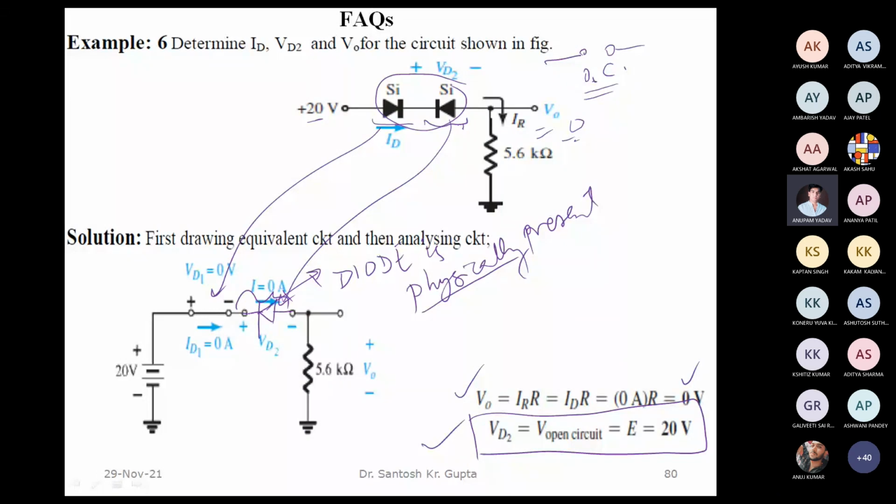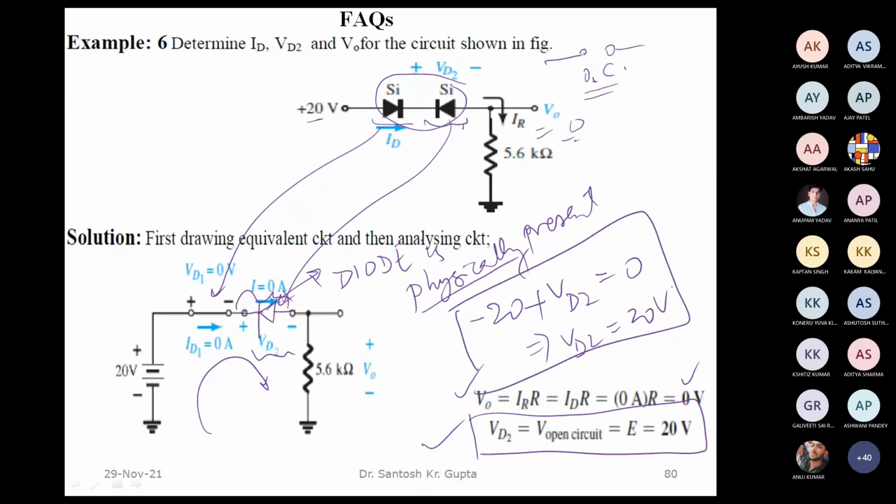So what voltage is there across this, which is reverse biasing it? One can compute this by applying the KVL here and assuming that the current through this is 0. One can write this equation: minus 20 plus VD2 is equal to 0, and from here VD2 will be equal to 20.